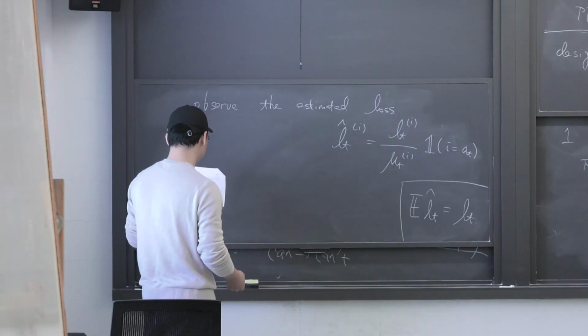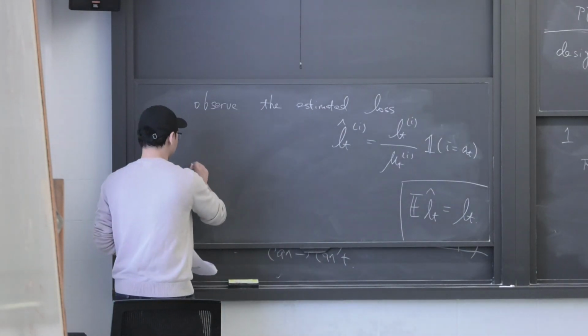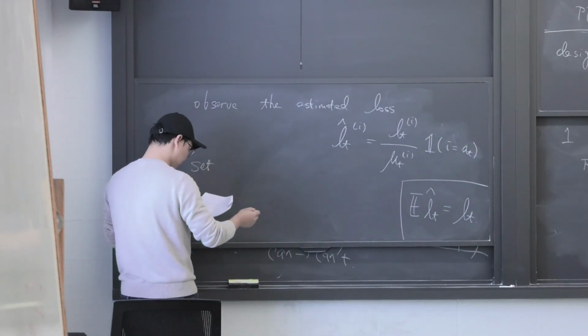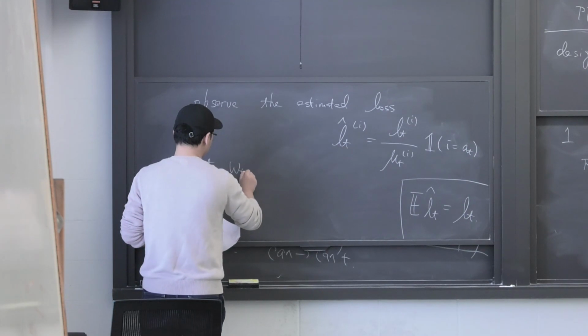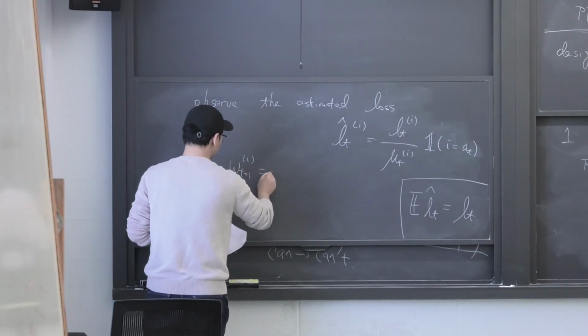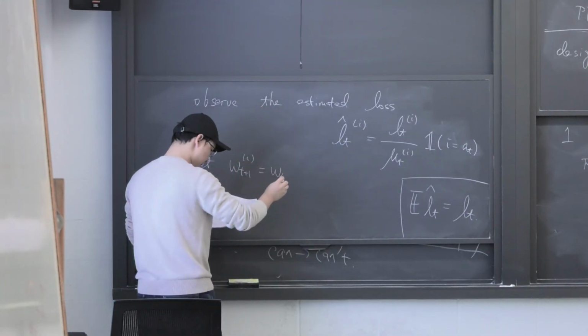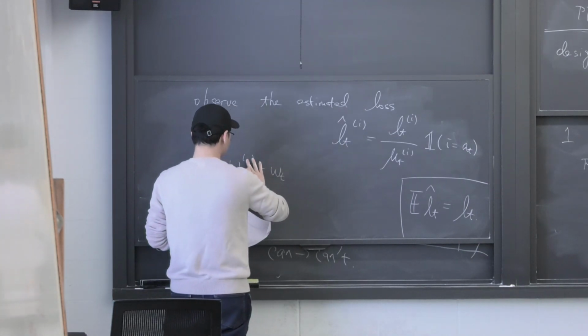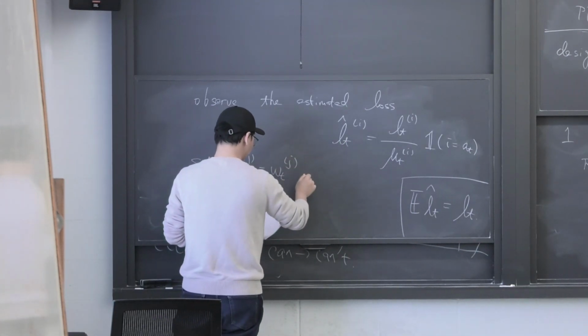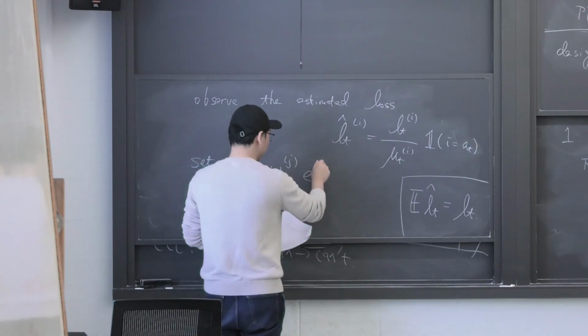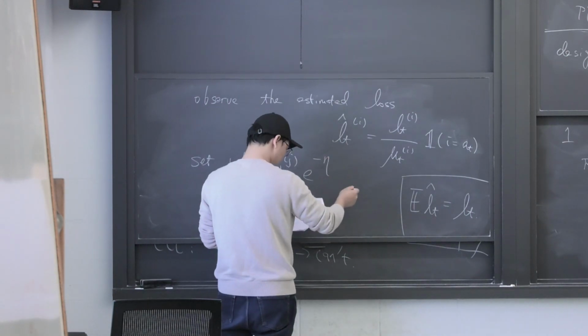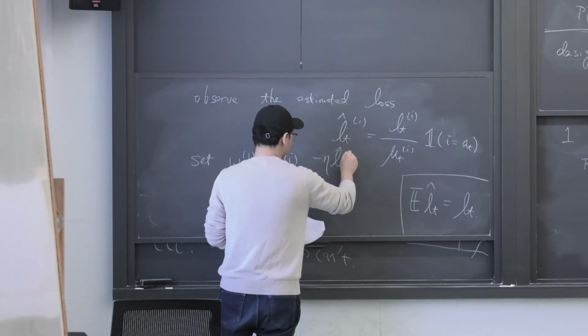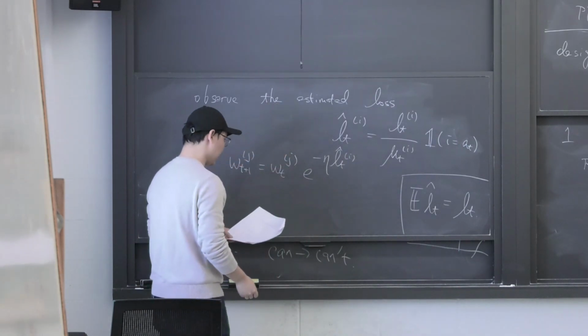And finally, after we observe this estimate, we just set new weights: W t plus 1 i is equal to W t i times exponential of minus eta, some learning rate, times L t hat i, for all i.